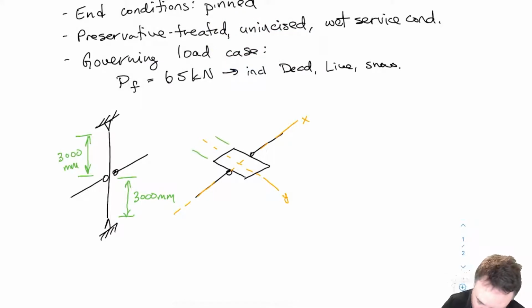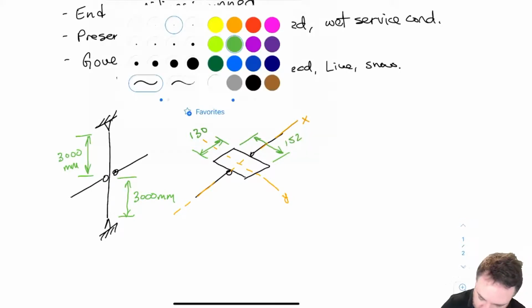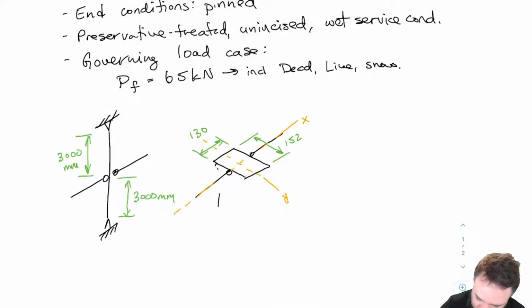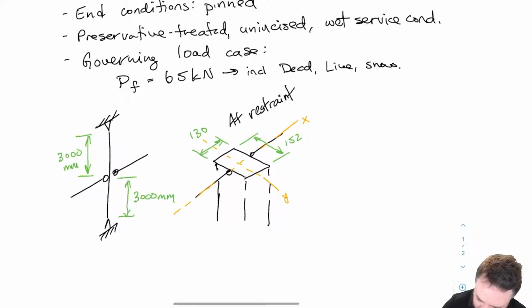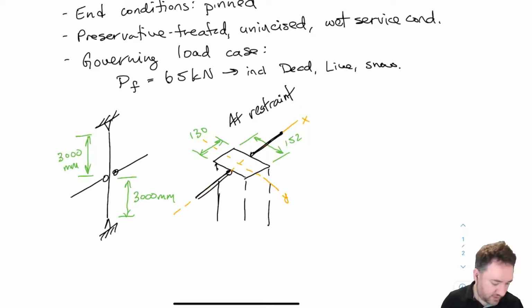So this weak axis direction dimension is 130, and the strong axis one is 152. So obviously this column continues down from here. I'm just looking at the section at the restraint. I'll make these lines a little bit more obvious for the notes. Okay, so this is what's happening here.